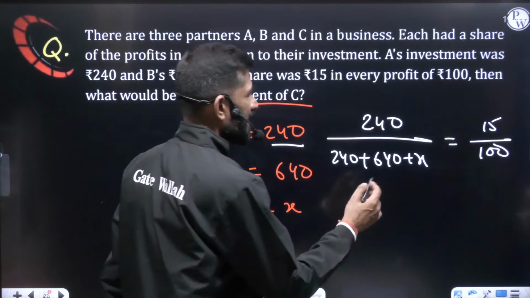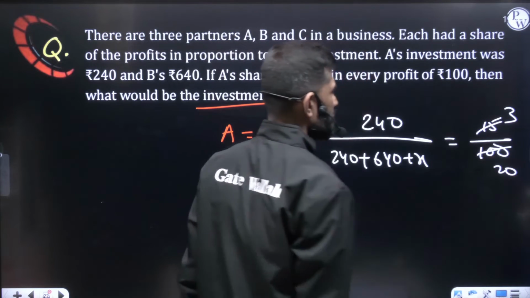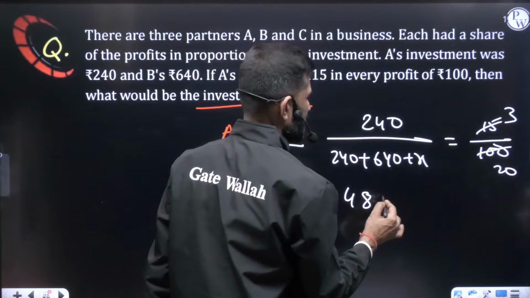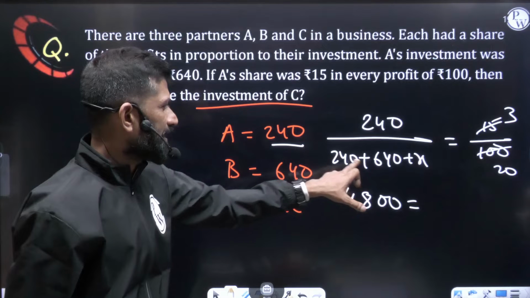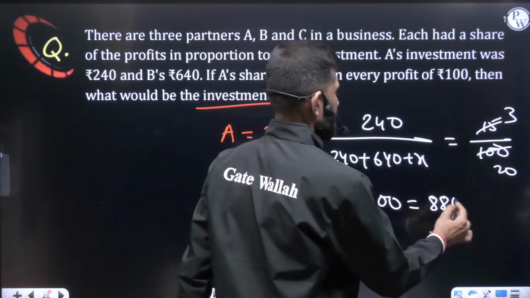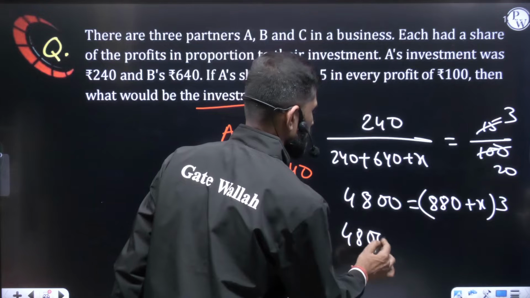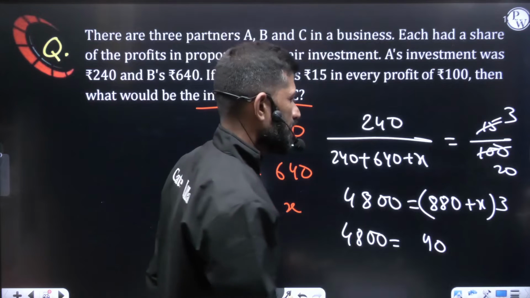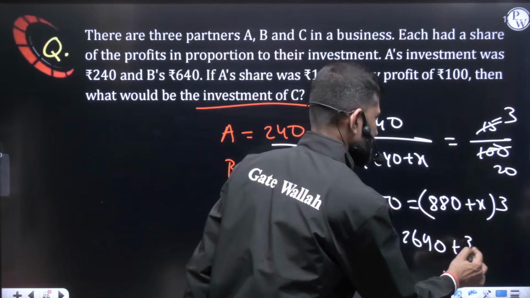Let us sort it out. Cancelling, 5 threes are 15 and 5 20s are 100, so 3 by 20. So 240 times 20 is 4800, which equals 880 plus X, into 3. 880 into 3: 8 3s are 24, so 2640 plus 3X.